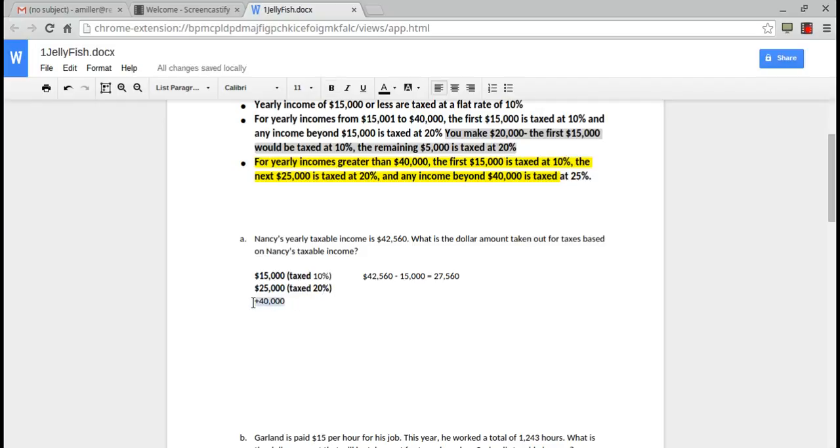Then we have to see what's remaining, because it says anything beyond $40,000 is taxed at 25%. If I add my $15,000 plus my $25,000, that adds up to $40,000. But she originally makes $42,560, so we subtract that $40,000 from it and see what she has left over. She'll have $2,560 left over, which means that's the last amount. She's got this $2,560 that's going to be taxed at the highest bracket, which is up here at 25%.